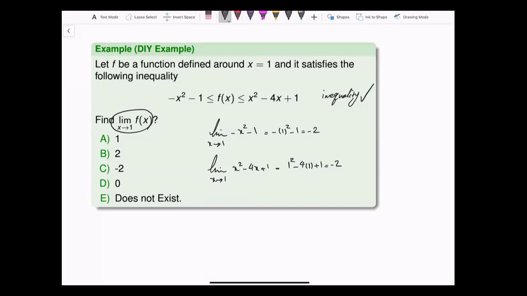The limit of the upper function is equal to the limit of the lower function as x approaches 1. From this, the squeeze theorem comes in, and the limit of the middle function, which I don't know what it is, it can be any function with that condition, is going to be negative 2, and that's why C is true.